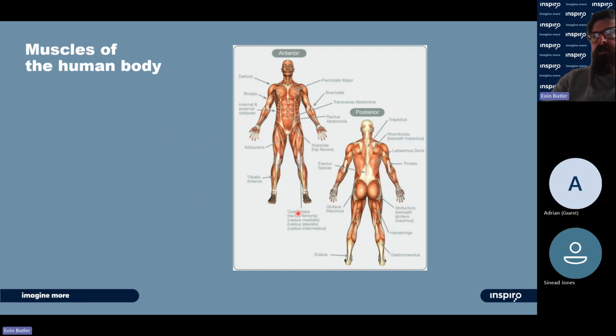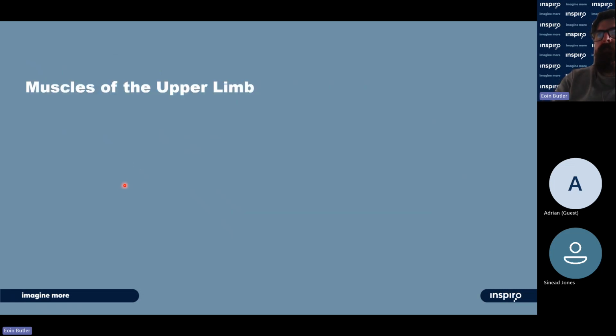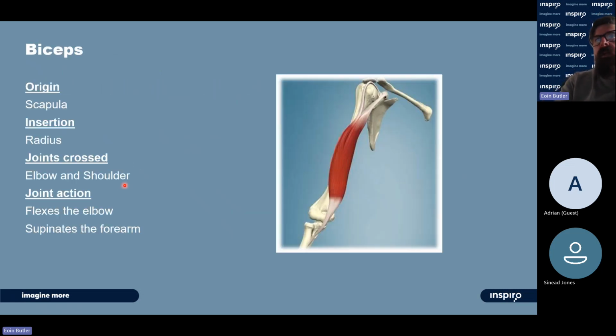If we look at quadriceps here, you don't need to know the four individual quadricep muscles. All you need to know is quadriceps. Similarly with hamstrings, there are three different hamstrings. You just need to know hamstrings. Then I have broken down each of the sections of the body.